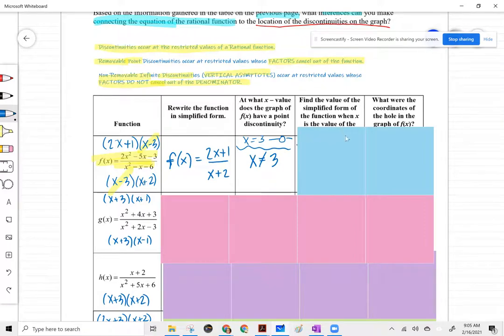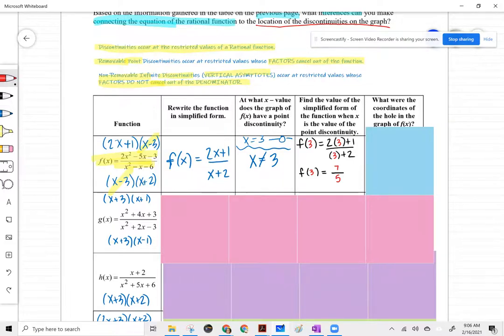Okay. Find the value of the simplified form of the function when x is the value of the point discontinuity. Now we are trying to figure out the coordinates of the hole.